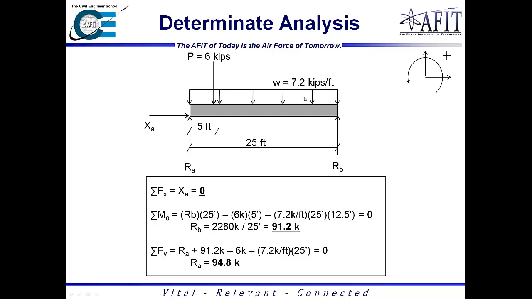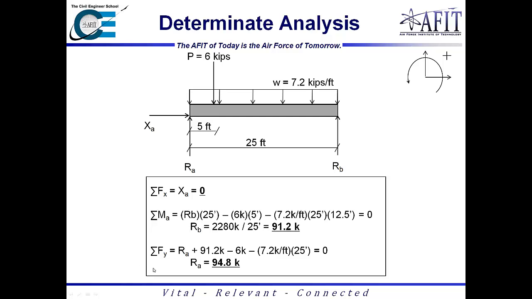Going into the 7.2 kips per foot, I have this distributed load over the entire beam, so that's 7.2 kips per foot times 25 feet to get the total weight, and then I need a resultant of that. The resultant of this load is right here in the middle, since this is symmetric. And so that would be 12.5 feet. And then I also have the reaction at B acting in a positive direction, as shown by the positive sign convention, 25 feet away. So when you actually solve for this, the reaction at B is about 91.2 kips.